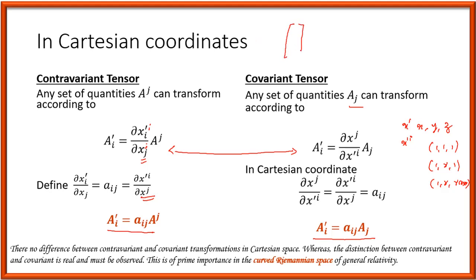A contravariant vector, that is the vector we usually use, is represented using a column matrix A1, A2, A3, whereas a covariant vector can be represented using a row matrix, say A1, A2, A3. Here I have given subscripts and superscripts accordingly.